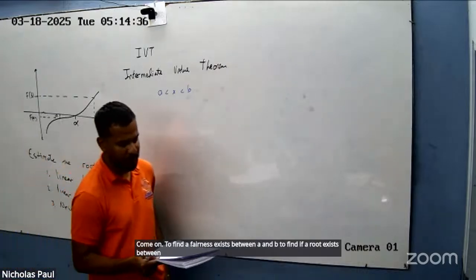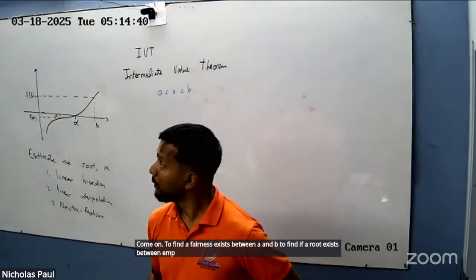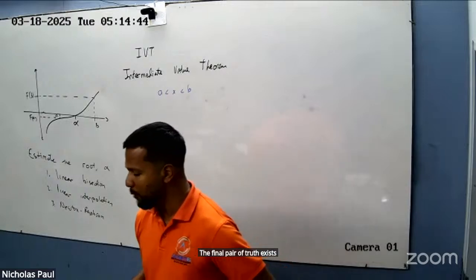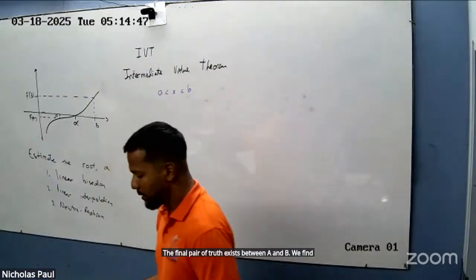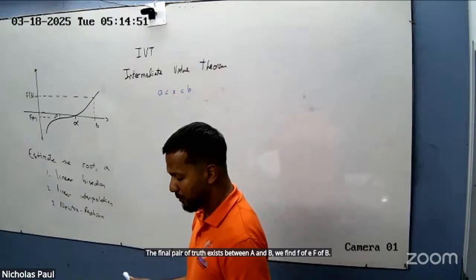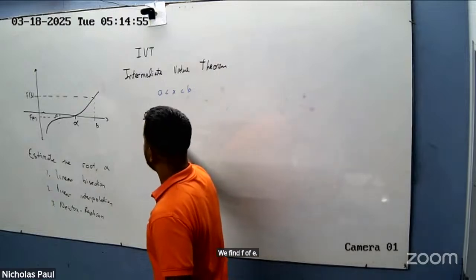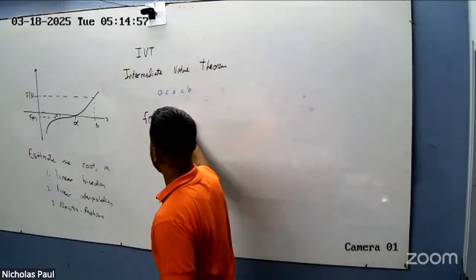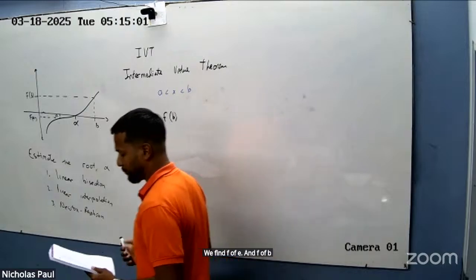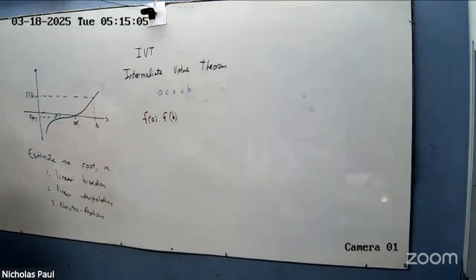to find if a root exists between a and b, we find f of a and f of b. Full stop.